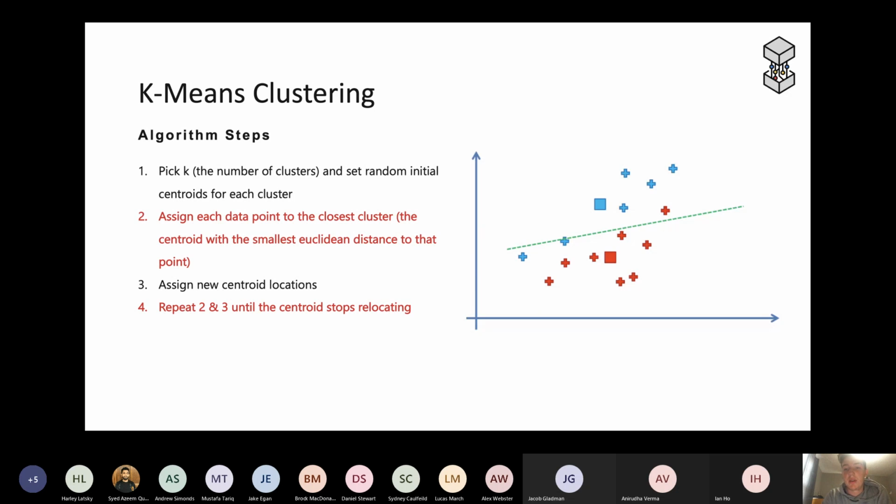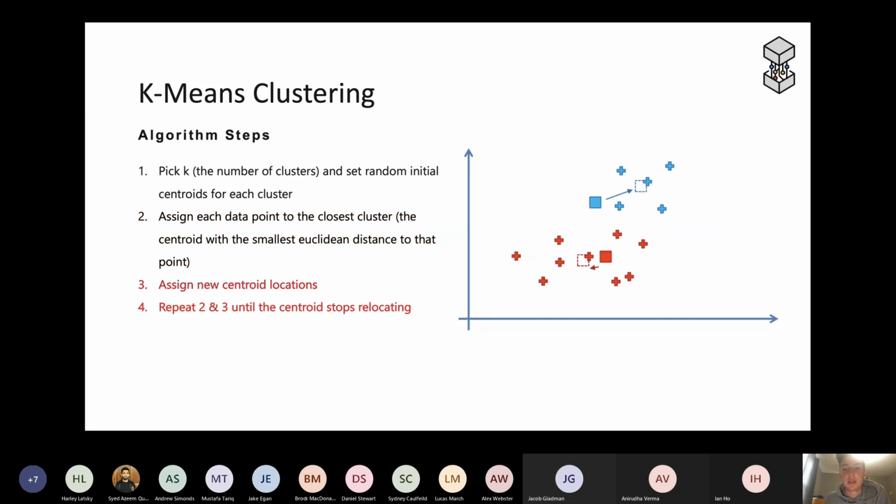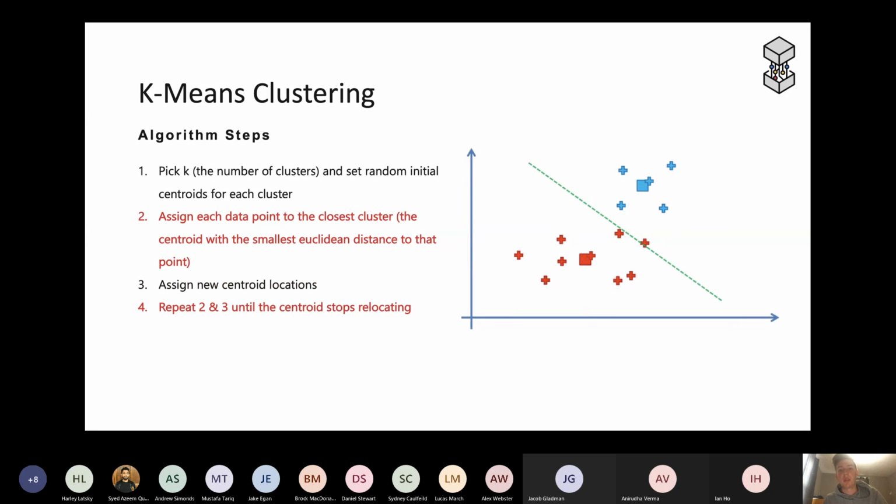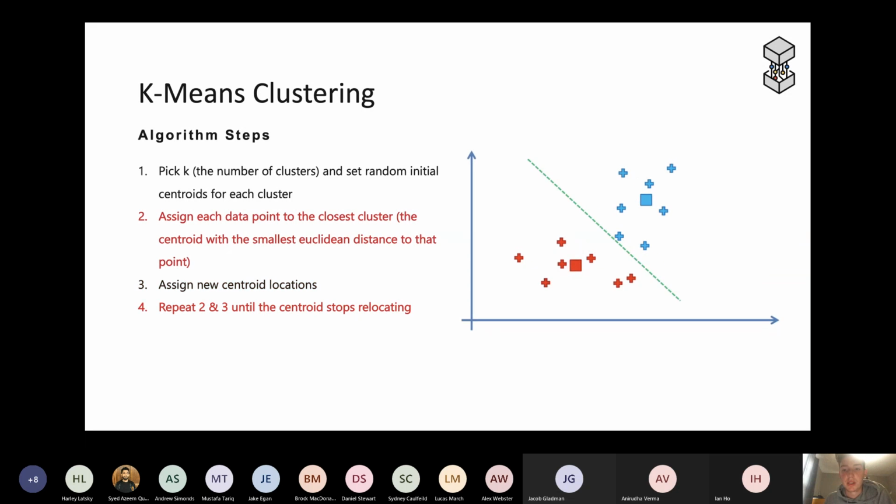As you can see, now that these two squares have moved, there's three data points that have crisscrossed. So the one red point above the line will now become blue, and the two blue points below the line will become red. And we keep iterating through this until we get to convergence, when the centers of our clusters no longer move. We're going to see that it's just going to keep slowly converging.